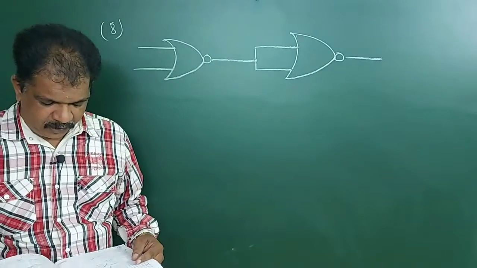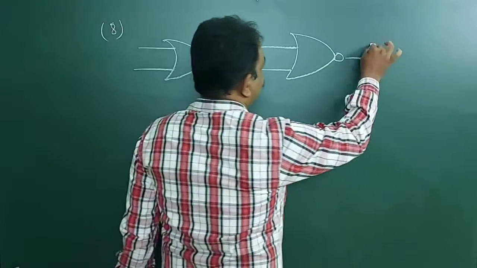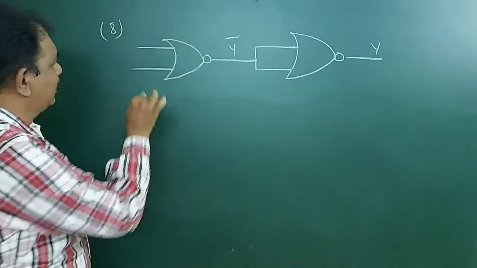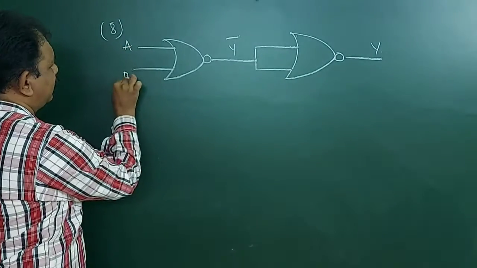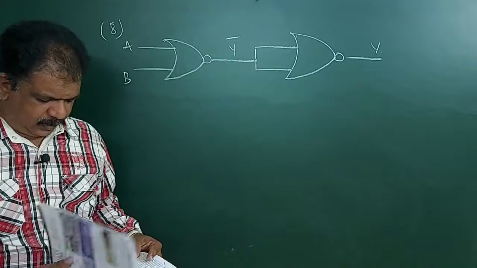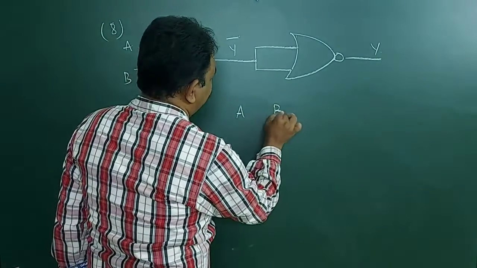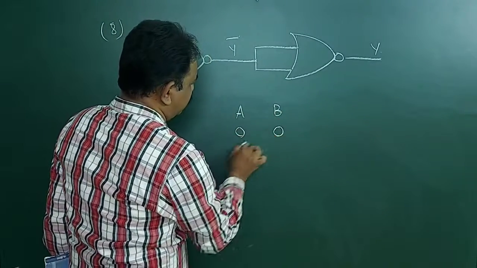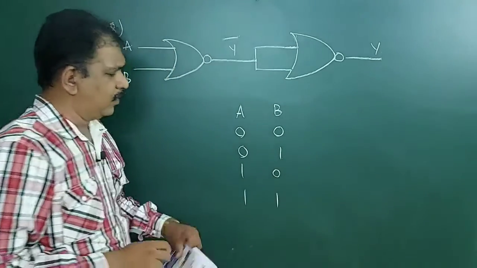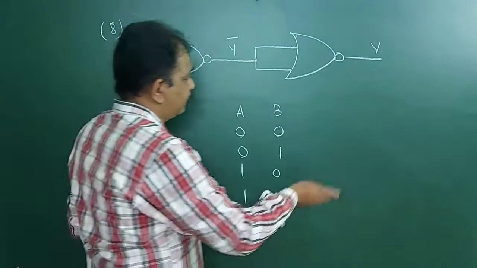What will be the output of this? Here Y value, I am assuming Y bar. Here this is AB. Check AB values, all are the same. AB: 0 0, 0 1, 1 0, 1 1. Then Y bar, tell me what will happen.